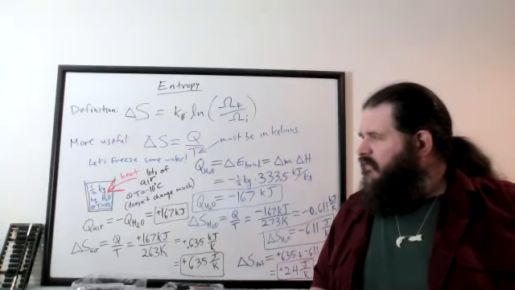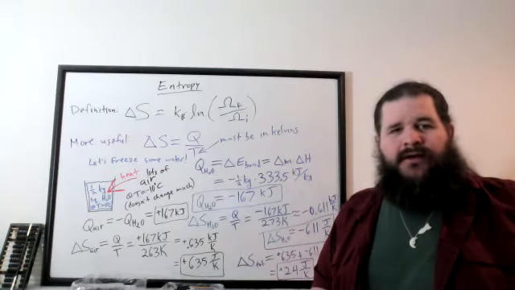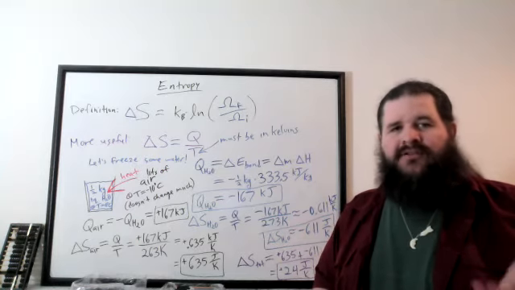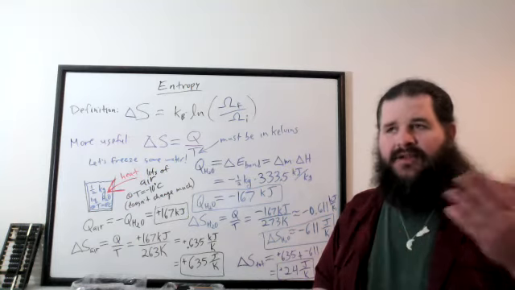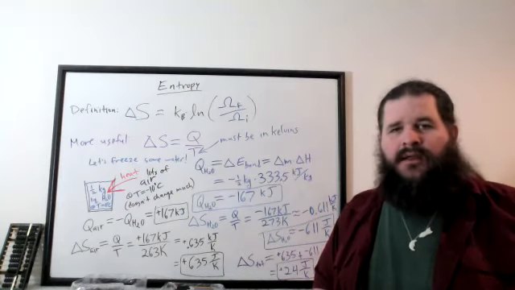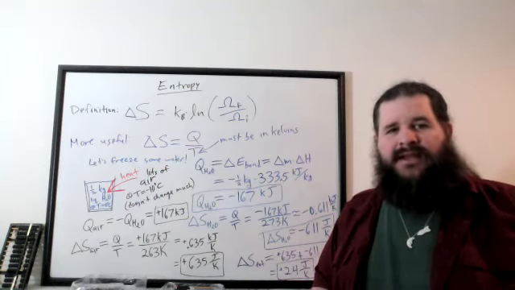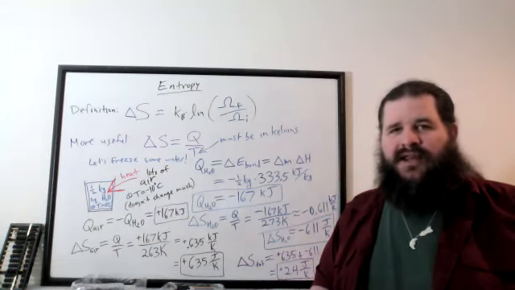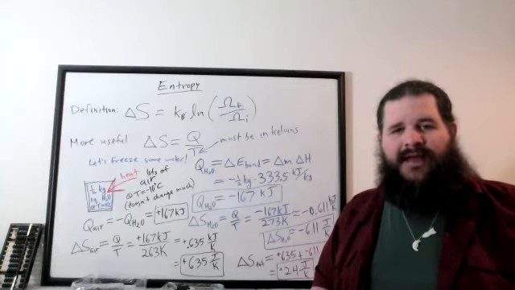So this is the foundation of things like refrigerators, air conditioners, anything that's making heat flow from an already cold object to an already hot object to make the cold object get even colder. That's done by making the entropy decrease locally, but making something else somewhere else increase entropy even more to compensate for that.